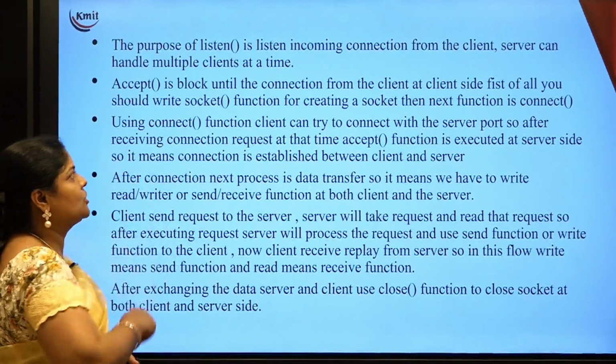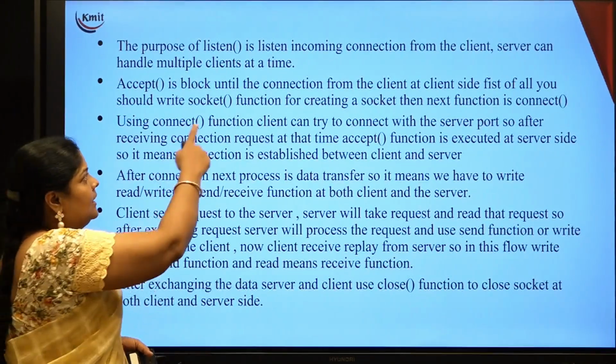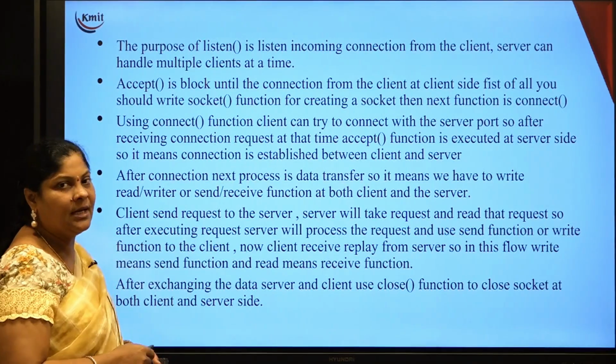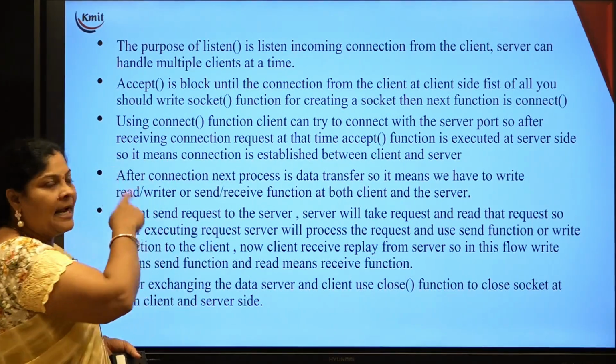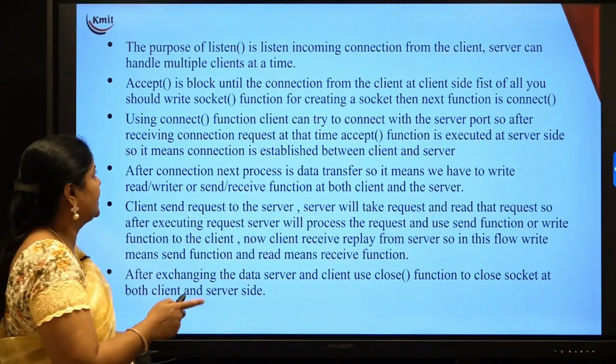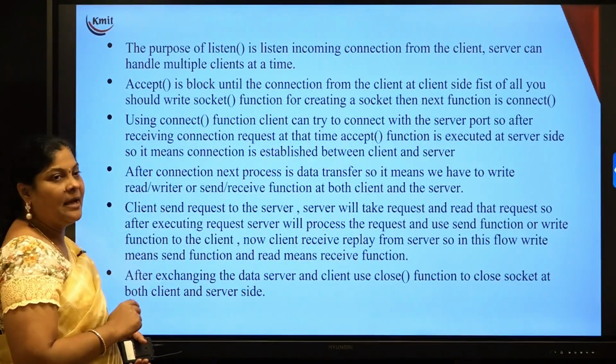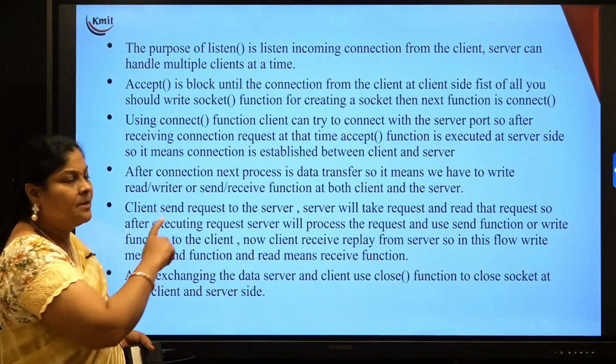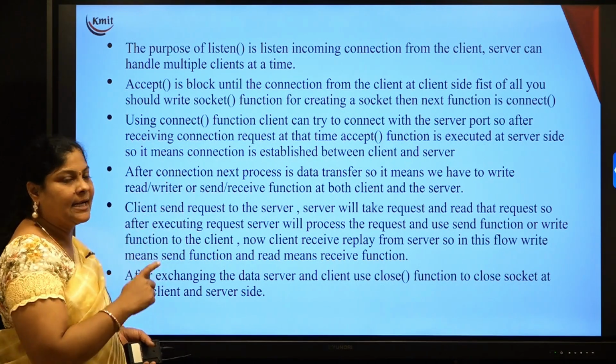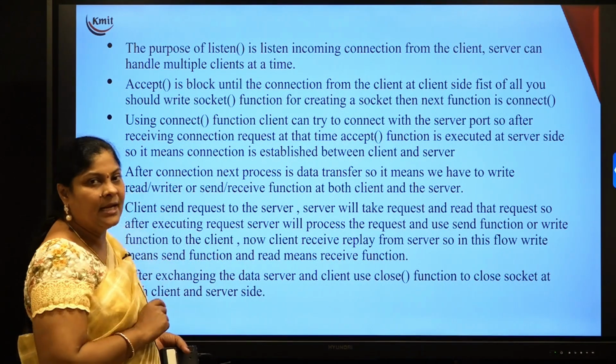Next, the purpose of listen is to listen for incoming connections from the client. The server can handle multiple clients at a time. After that you will have an accept method, which will be blocked until the connection is created from the client side.